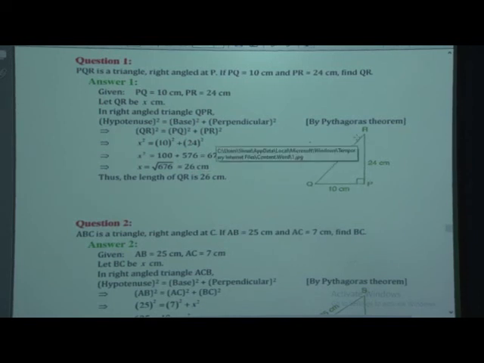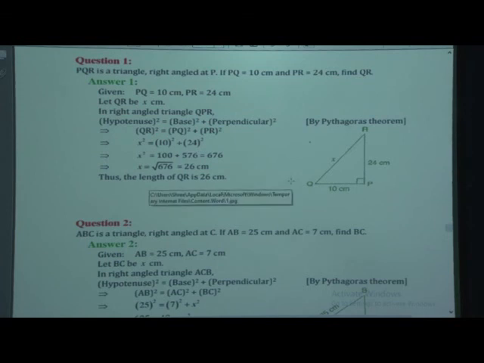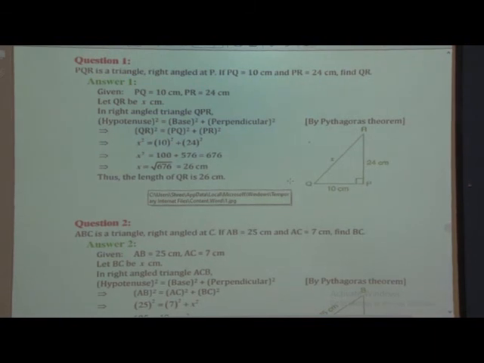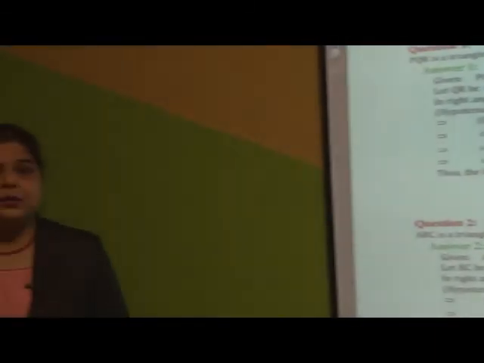In this way we have seen the Pythagoras theorem, and we have tried to solve some examples. Some more examples we will see in the next class, so you will understand the Pythagoras theorem and how to apply the theorem in a given problem. Thank you very much.